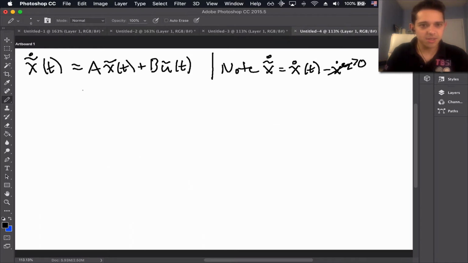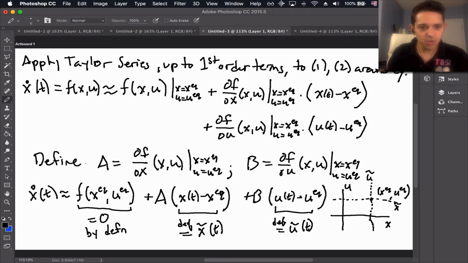Okay? So this really closes out the linearization process. Note that the linear system is fully characterized by these matrices or vectors, A and B, which are given by these expressions.